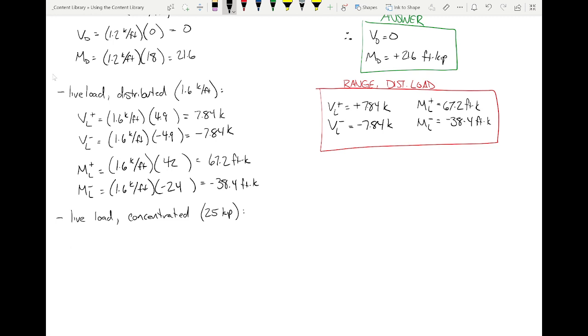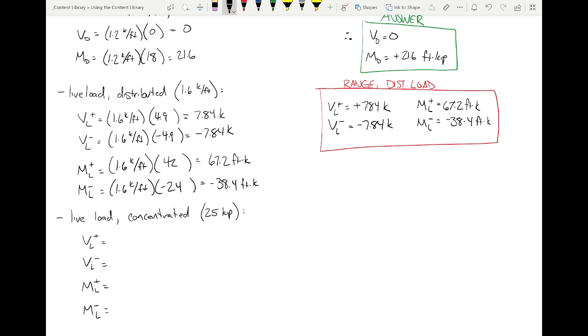Now, just like with the distributed load, we're going to have four answers. We're going to have a positive and negative shear, and a positive and negative moment.